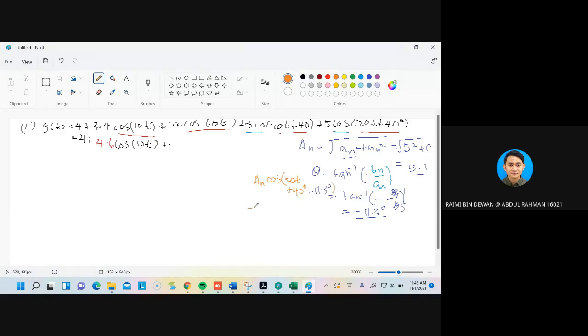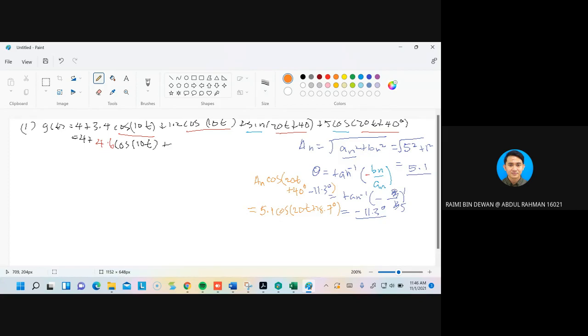So An is what? An is 5.1 cos 20t, and then I think this is 28.7. Plus 28.7, something like this.